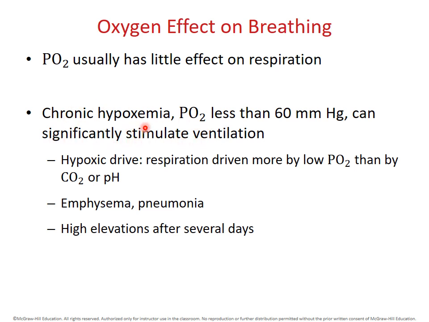For chronically hypoxic patients, that's going to lead to hyperventilation in an effort to take in more oxygen through increased ventilation rates. This is known as hypoxic drive, where chronic hypoxia leads to hyperventilation.